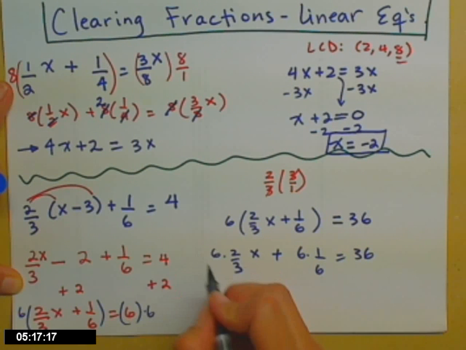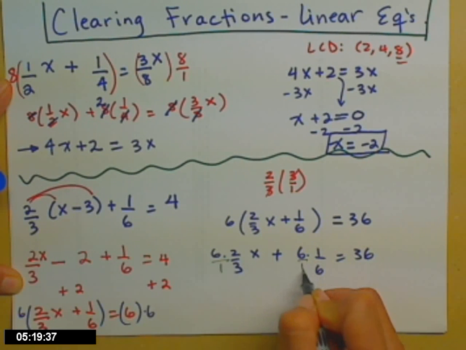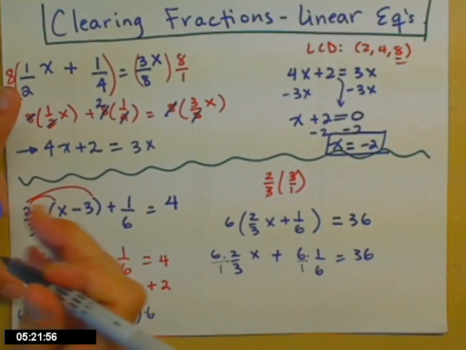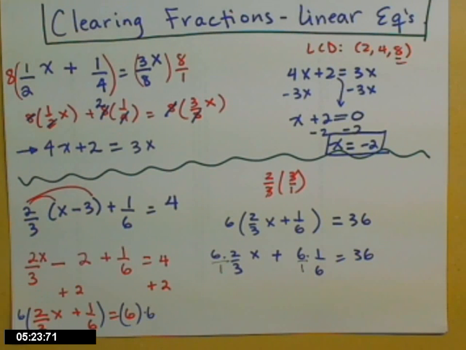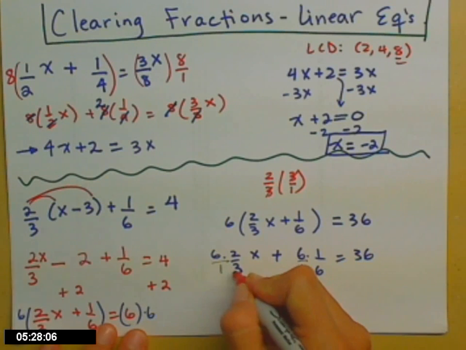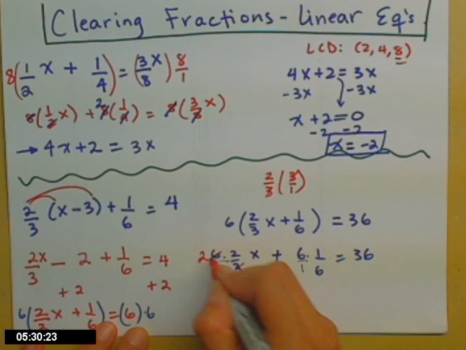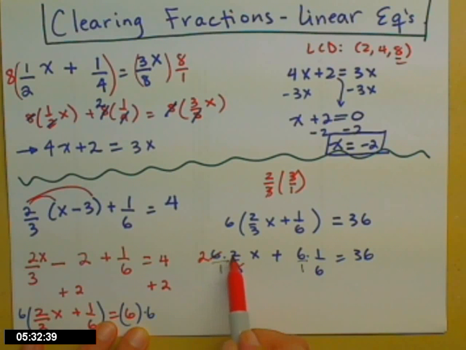Let's see, what do I have here? If you want to put 1s under those 6s, just so you keep them up in the numerator. All right, so everybody cancels now. The 3 goes into the 6 2 times. I'm left with 2 times 2x, so that's going to be 4x. The 6 and the 6 cancel.